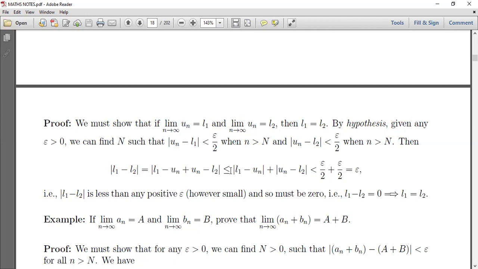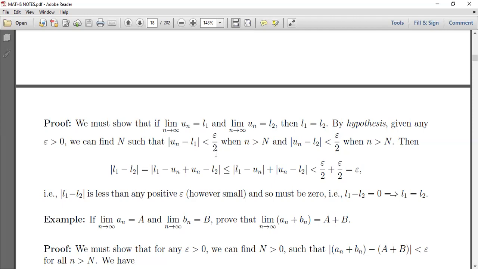Then, by the definition of a limit, we know that for any epsilon greater than 0, we can find an N such that, using the definition of a limit, which is very important in this module, the modulus of un minus L1 is less than epsilon over 2. Since we are proposing that there are two limits, epsilon is being split into 2, that's why we are dividing by 2, but epsilon is still a positive number.